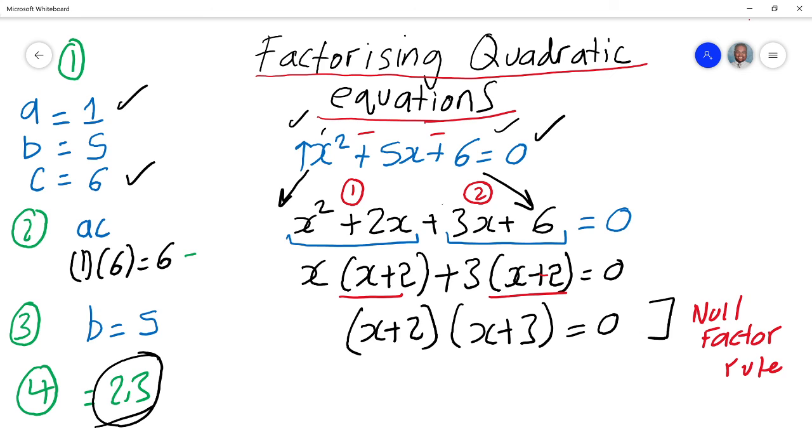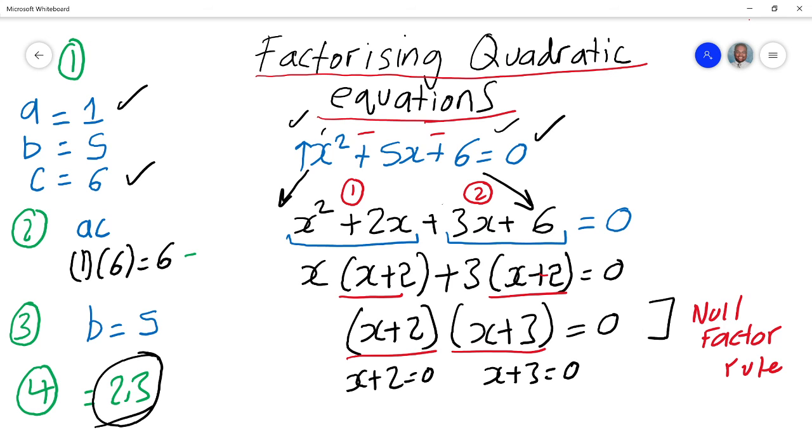The rule states that when you've got two factored expressions equal to 0, you're going to get two values of x. So what does (x plus 2)(x plus 3) equal to 0 mean? What that tells you is x plus 2 equals 0 and x plus 3 equals 0. That's exactly what it tells you.